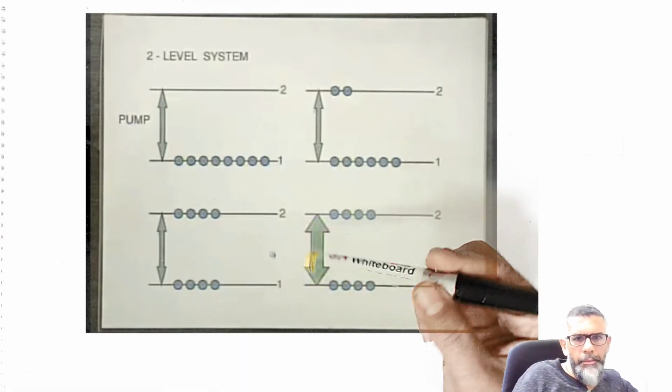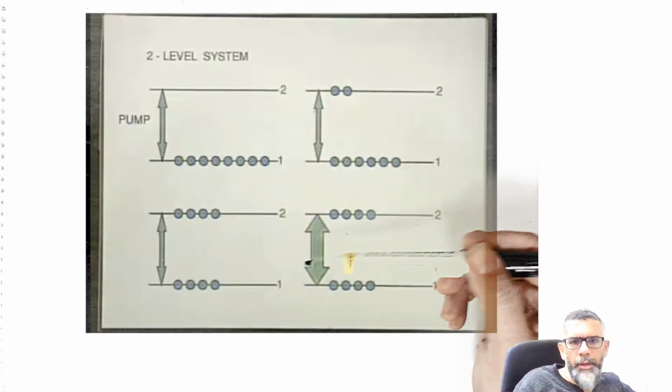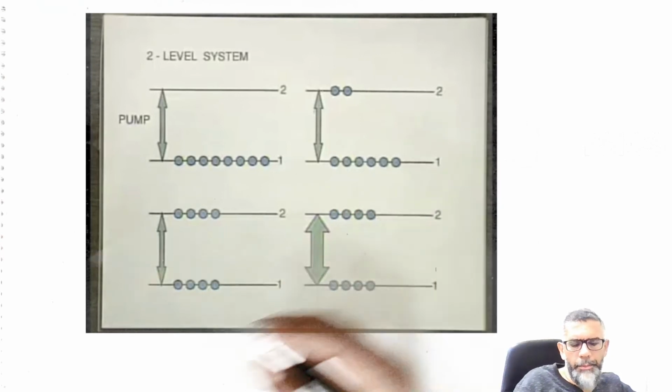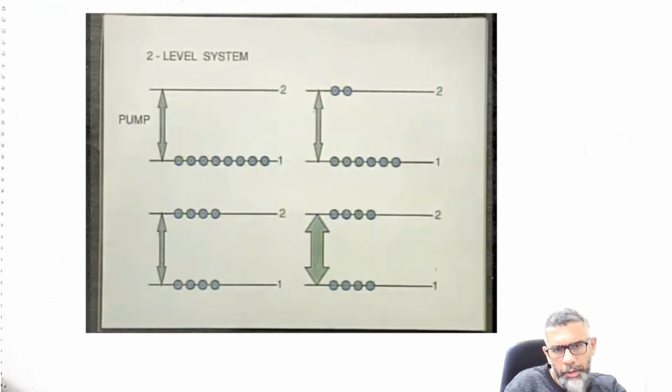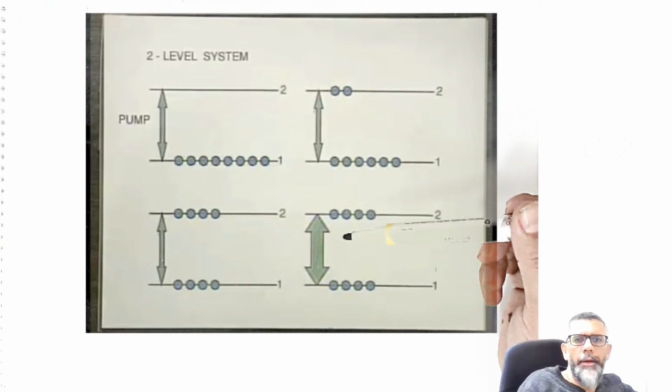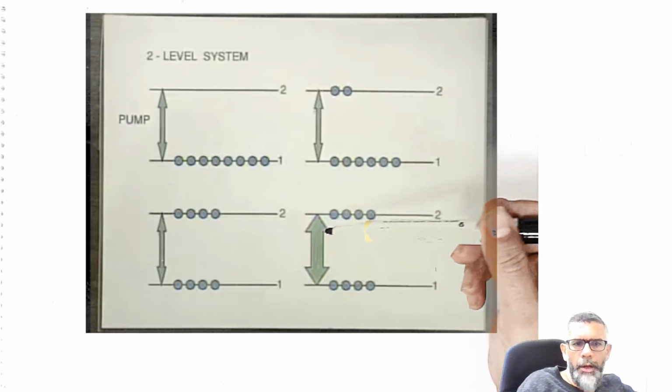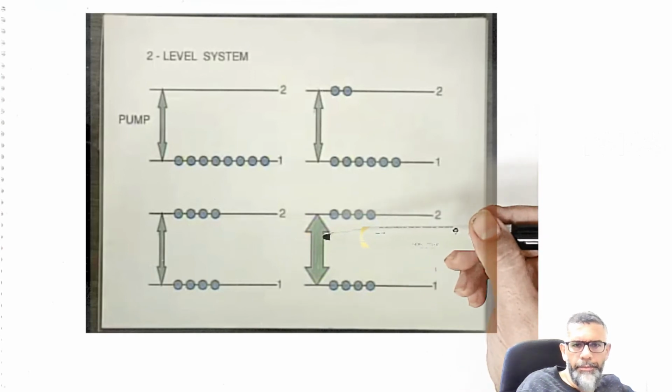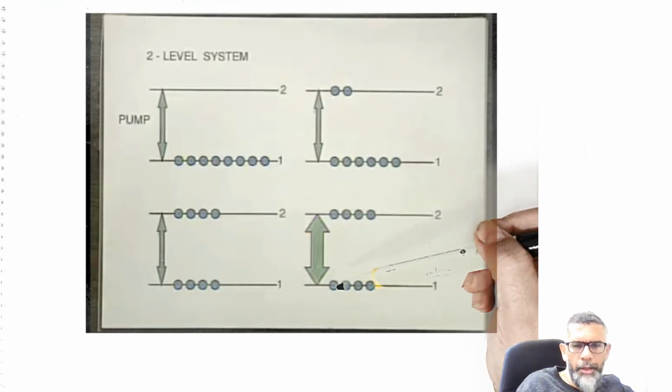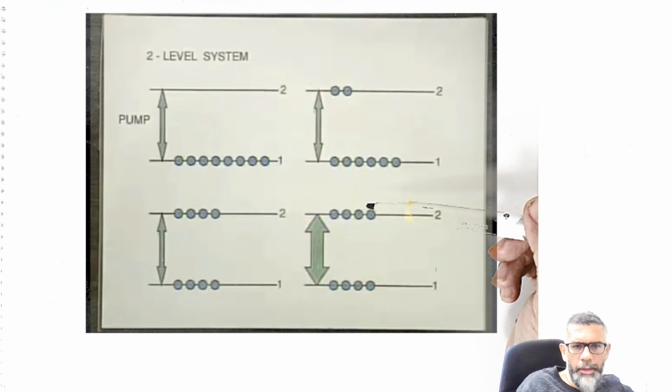Why? Because this pump might also be an optical pump. What that optical pump does is you send some photons to bring the ground state electrons into the excited level.